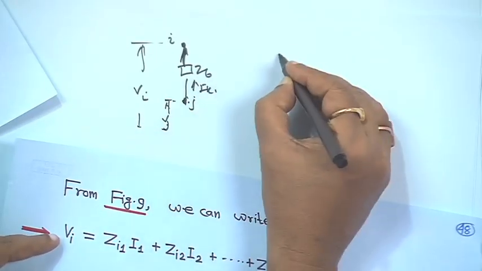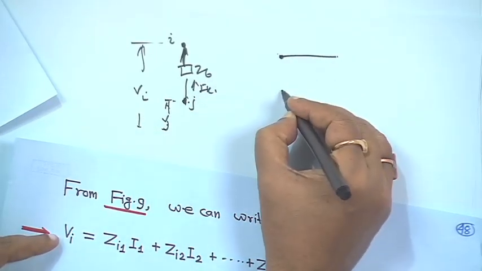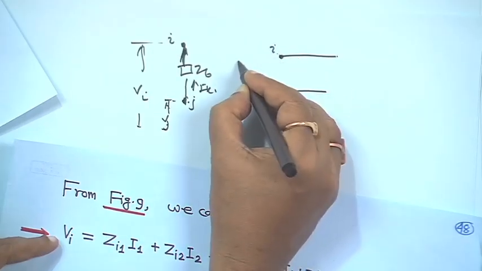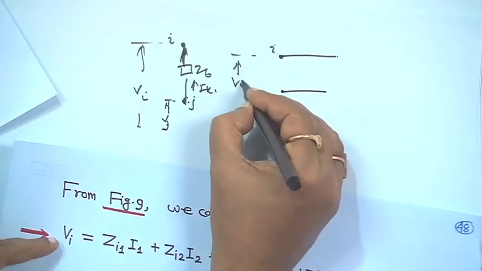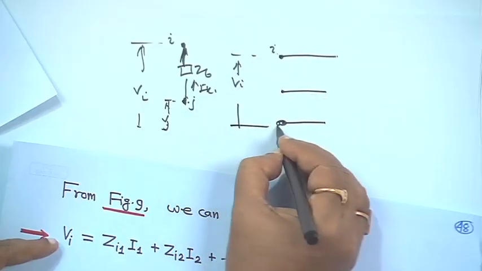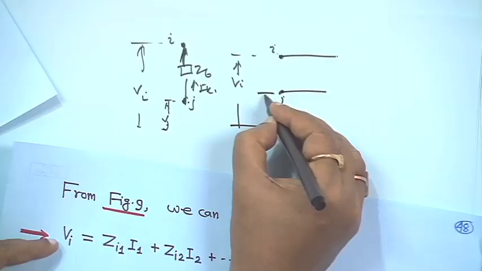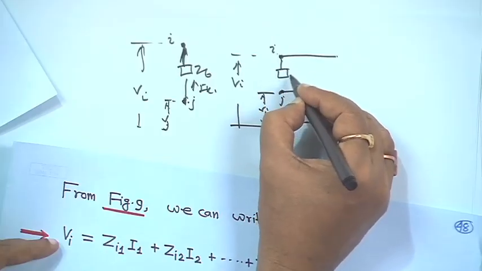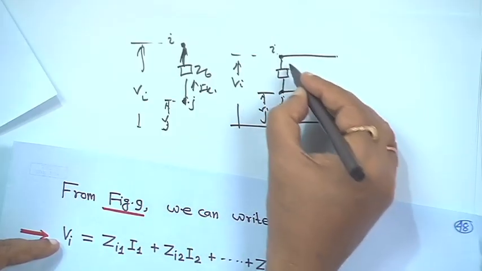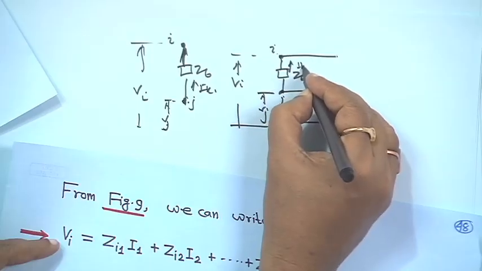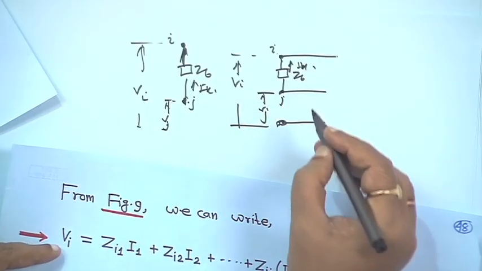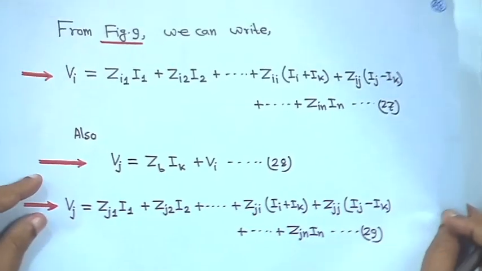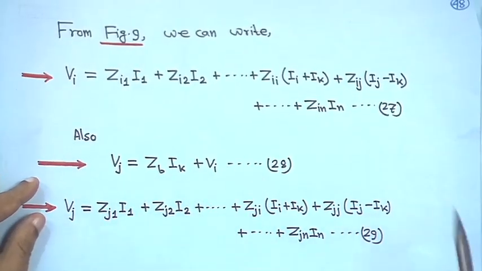If you take this line like this, this is your i, this voltage is Vi, this is your reference, and this is your j, this voltage is Vj, and then you have Ij, you have the impedance Zb, and the current direction is this way, Ik. So, it will be Zb Ik plus Vi minus Vj equals 0. That means Vj is equal to Zb Ik plus Vi.